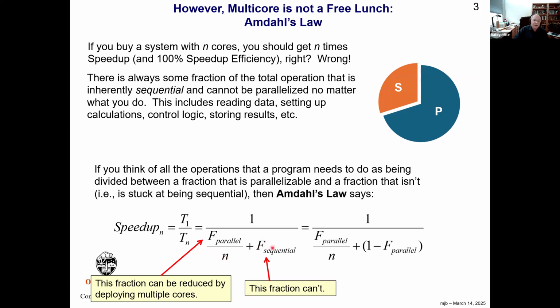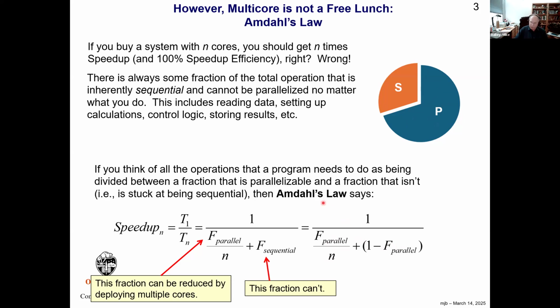But we added the F sequential, which cannot be sped up by increasing the number of cores. Okay, and because these two fractions add up to 1, you can also express it like this. F parallel, the fraction that's parallelizable, this looks like about 2/3 here, divided by n plus the sequential part.